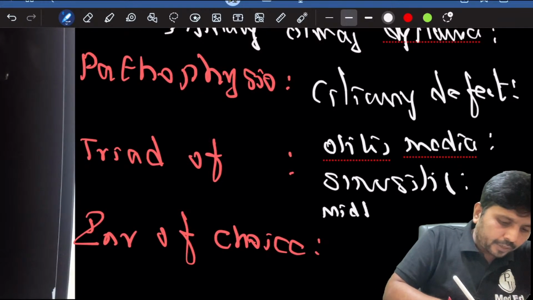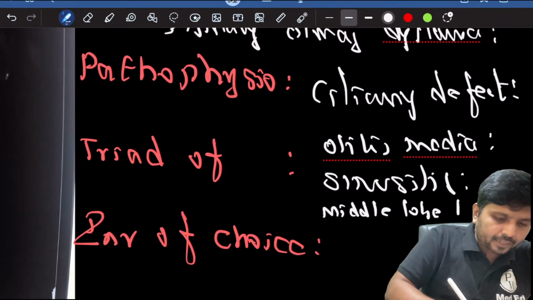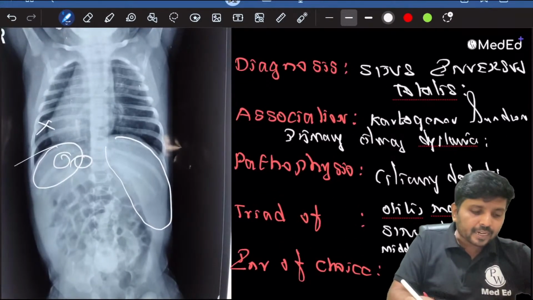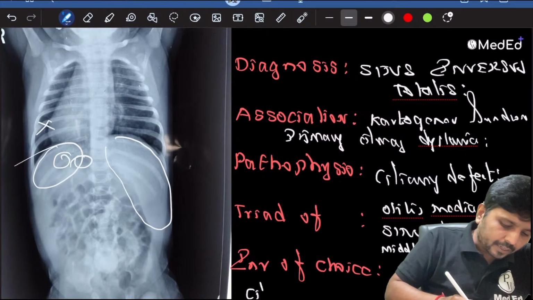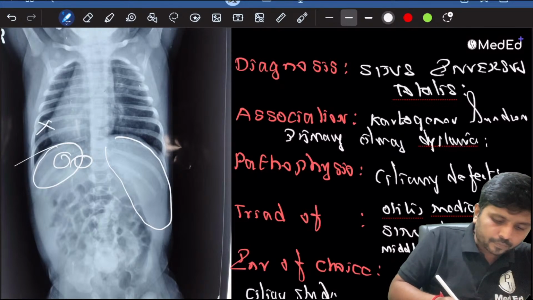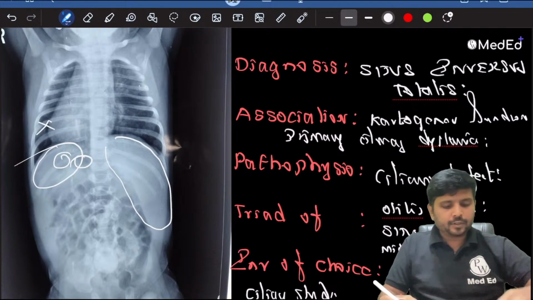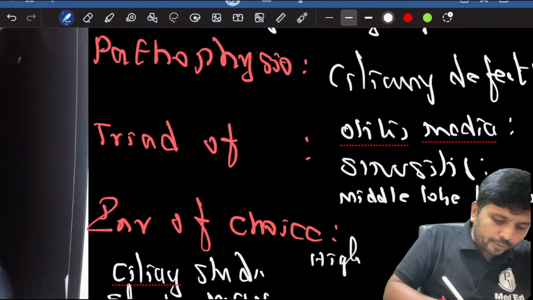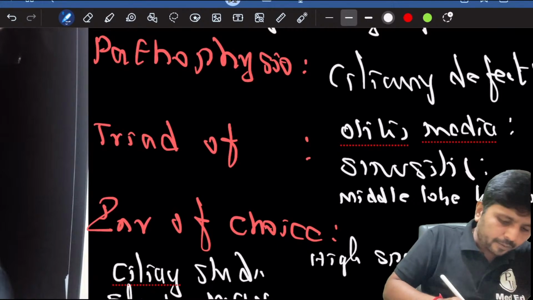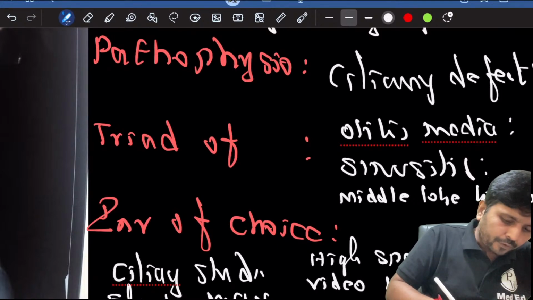That is primary ciliary dyskinesia. Investigation of choice is what? Ciliary studies under electron microscope or high speed video microscopy.